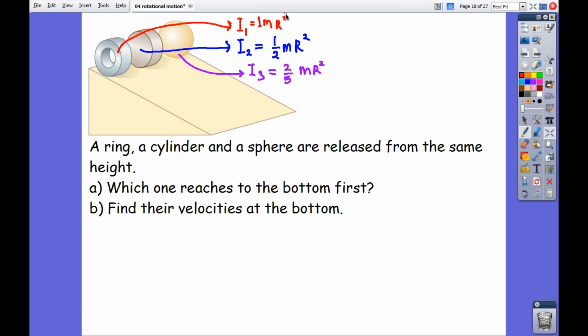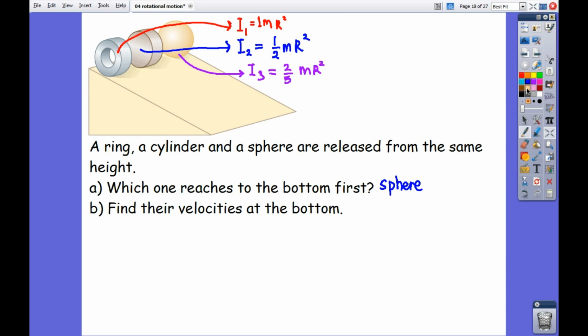So from here, the sphere will reach the bottom first because it has the smallest moment of inertia.